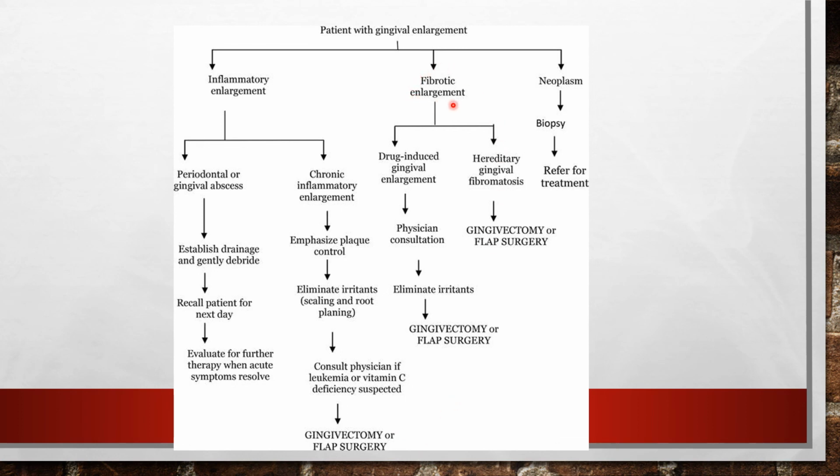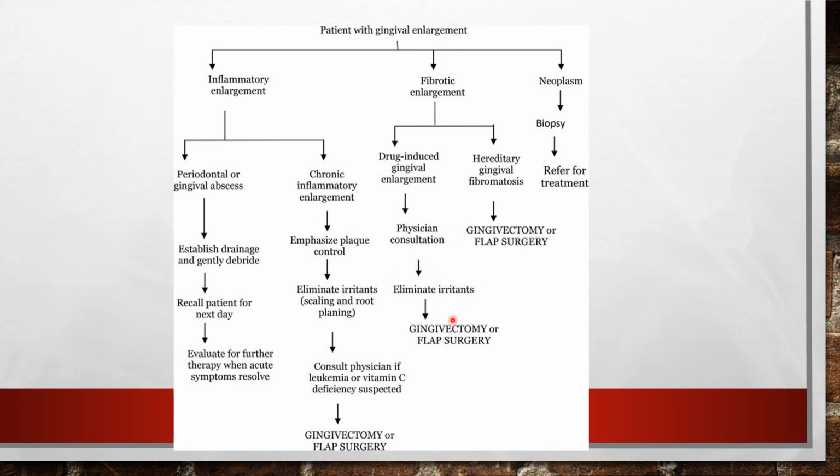Next comes the fibrotic gingival enlargement. You can see it mostly in drug-induced gingival enlargement and hereditary gingival stomatitis or idiopathic gingival enlargement. For the drug-induced type, the causative factor is the drug being used, so you can go for physician consultation, and the local irritants should be removed by scaling and root planing.